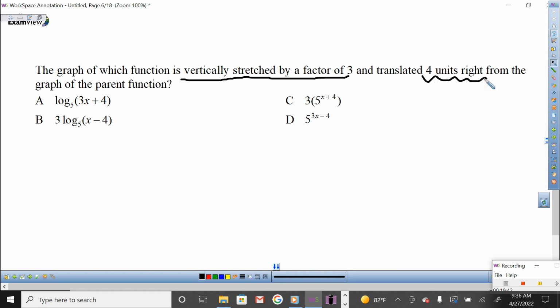Tell your neighbor which parameters they are talking about. Don't look at the answers yet. I want you to think it out. Vertical stretch, right 4 units.